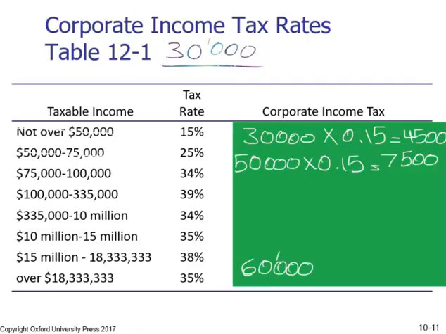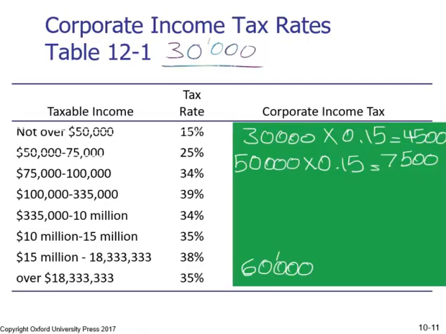And remember, you shouldn't tax all the $60,000 at the rate of 25%, because still you must tax the 50,000 part of the income according to the first tax bracket.